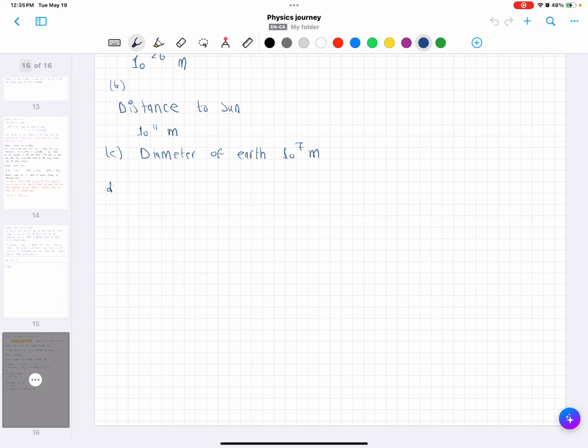D, 1 meter is human dimension. And E, 10 to the power of -5 meters is the diameter of red blood cells.